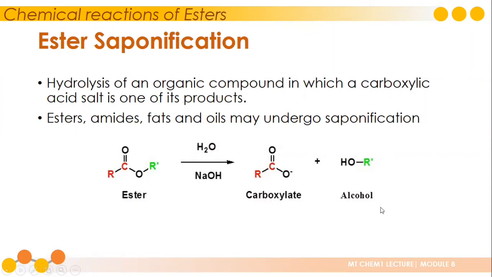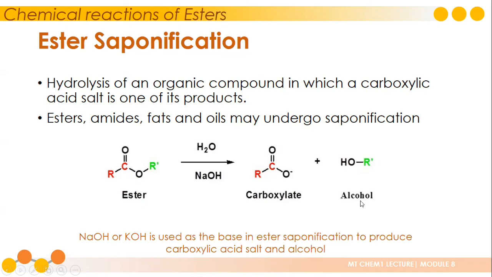This is not similar to ester hydrolysis, because you might be confused. In ester hydrolysis, we are combining ester with water with the help of strong acids or enzymes to produce carboxylic acid and alcohol. In this part, we have ester, water, and strong base to produce a carboxylate, which is a carboxylic acid salt, and an alcohol.